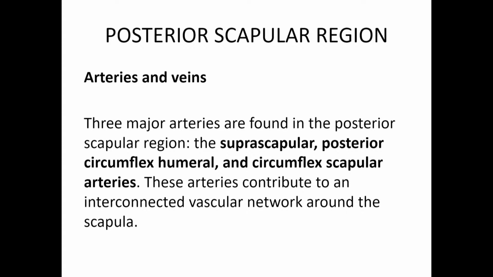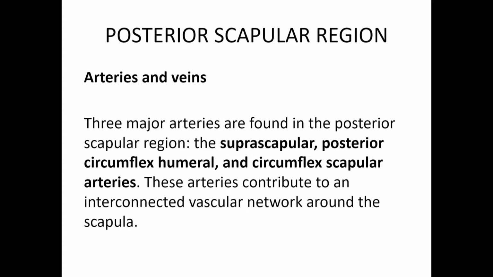Three major arteries are found in the posterior scapular region: the suprascapular, posterior circumflex humeral, and circumflex scapular arteries. And these arteries are interconnected to each other and give us the blood supply of the scapula.